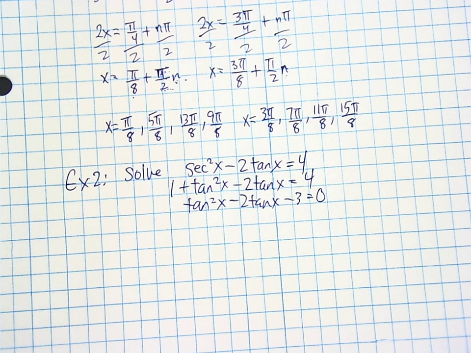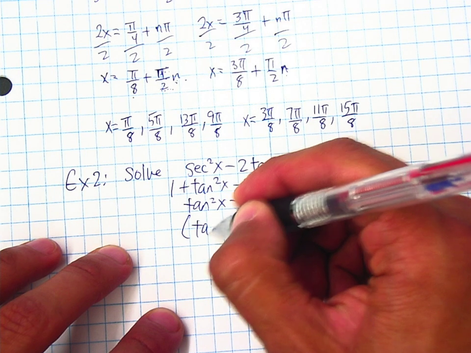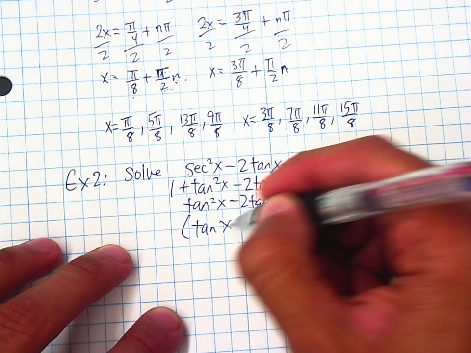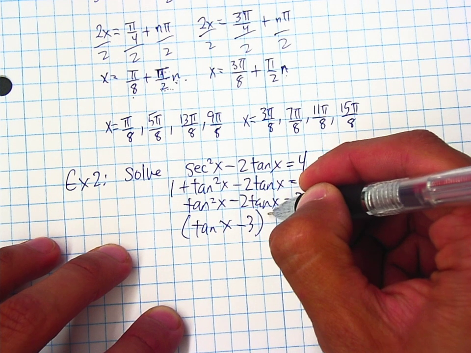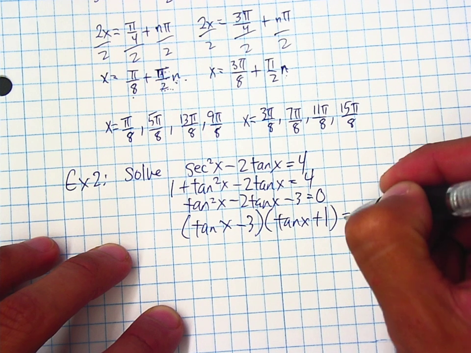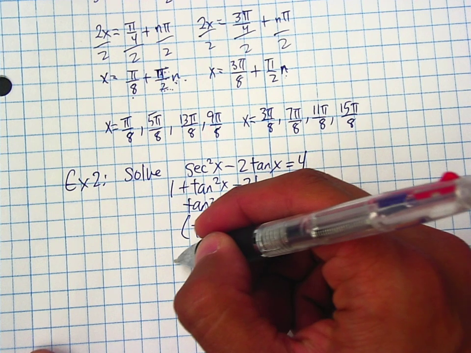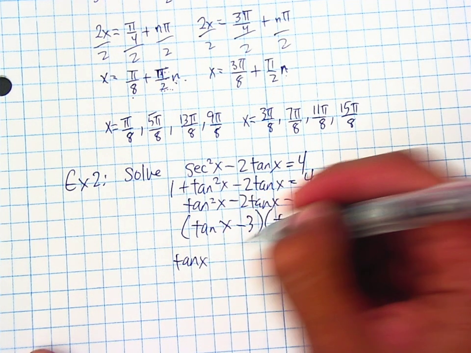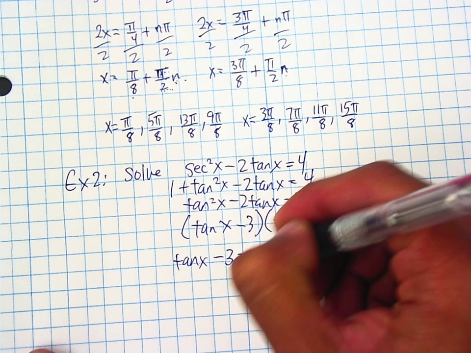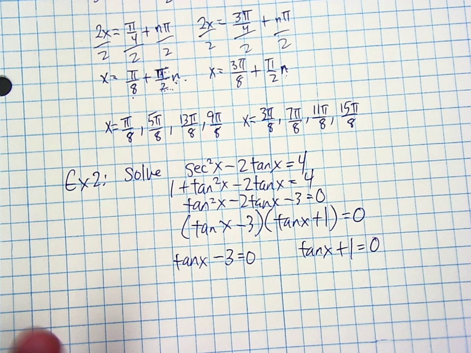Okay, and then I will factor, so it looks like it will factor into tangent x minus 3 times tangent x plus 1 equals 0. Then I'm going to set each parentheses equal to 0, so tangent x minus 3 equals 0, and tangent x plus 1 equals 0.